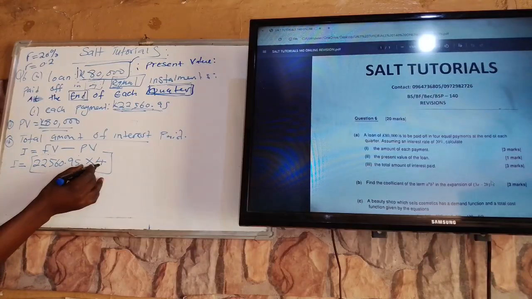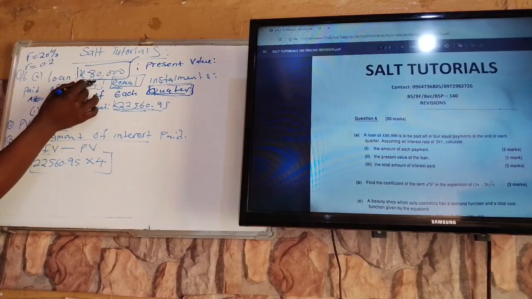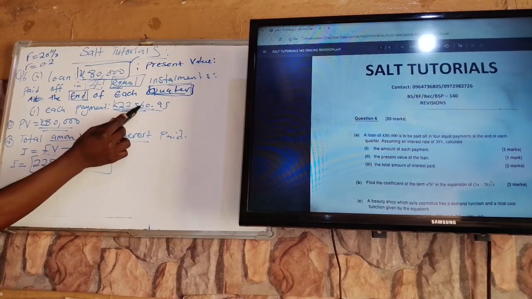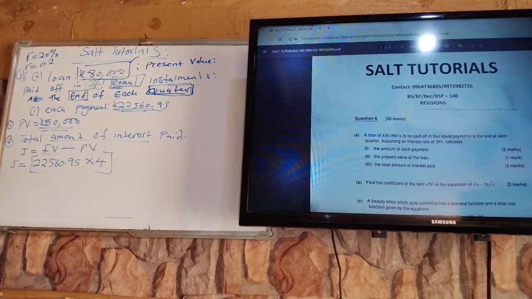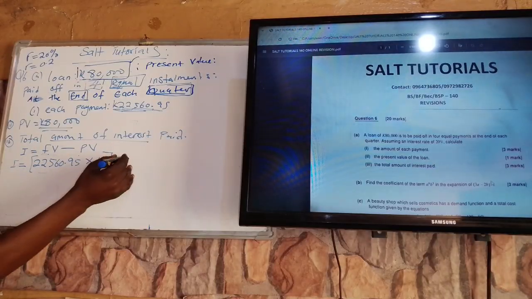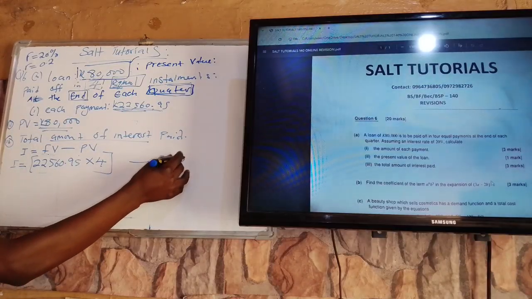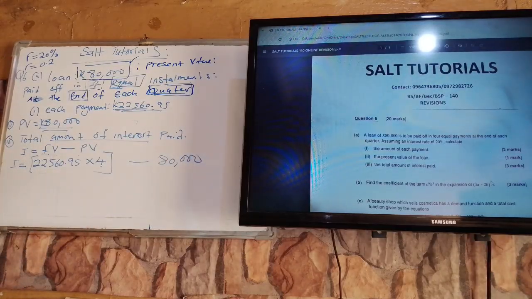Why am I multiplying by 4? Because the question says it's paid in 4 equal installments. So if each installment is this, multiplied by 4 I'll have the total future value. Then subtract the present value, which is 80,000. The difference is the interest.